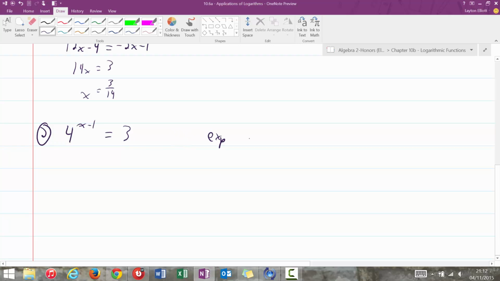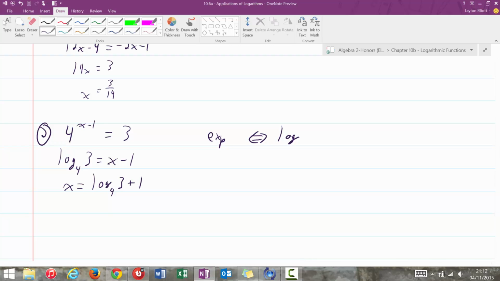Remember that yesterday we also mentioned that if you are ever in doubt, try just going back and forth between exponential form and log form. Log base 4 of 3 is equal to x minus 1, or x is equal to log base 4 of 3 plus 1. Now, this is a perfectly acceptable solution if I'm solving by paper.